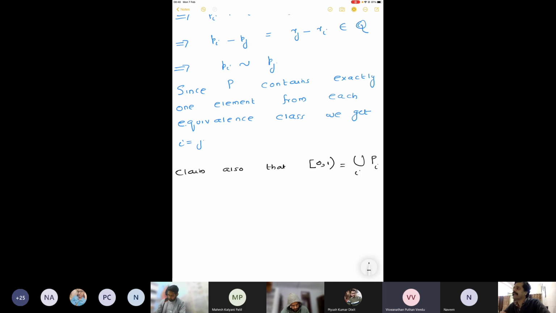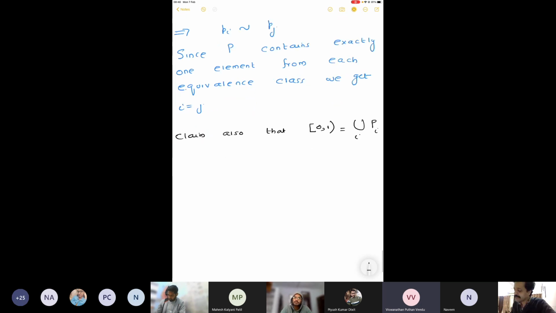Each Pi is contained in 0, 1. Therefore, union over i of Pi is contained in 0, 1. So I have to prove only the other inclusion: 0, 1 is contained in the union of Pi. For this claim, let x be in 0, 1. I have to prove that x is in the union of Pi.